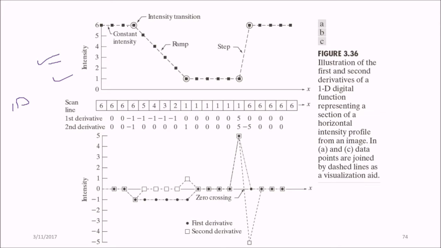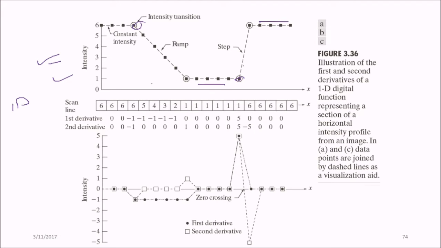First we have constant intensity, then there is an intensity transition. So there is a ramp. Then again the intensity remains constant for some time. Then again a ramp in the inverse direction. So not a ramp, but because you don't have many values here. But after that it becomes constant. This is clear by the numbers also.